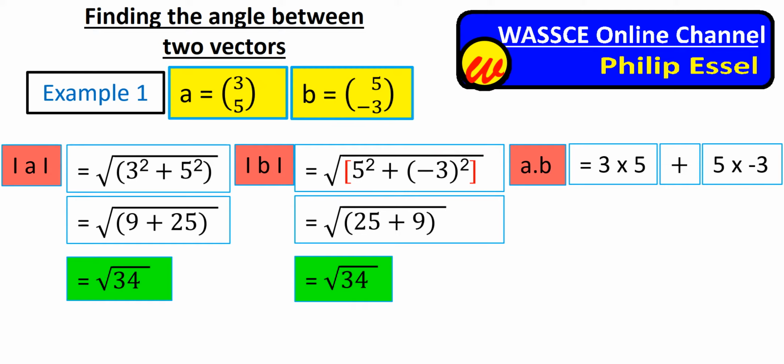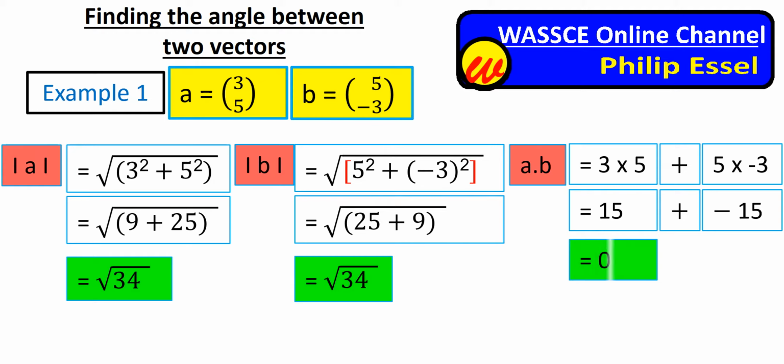Afterwards, we multiply the y components, then we add them together. So that's how we got that. This would give us 15 plus -15, since 3 times 5 gives 15, and 5 times -3 gives -15. 15 plus -15 gives us 0.